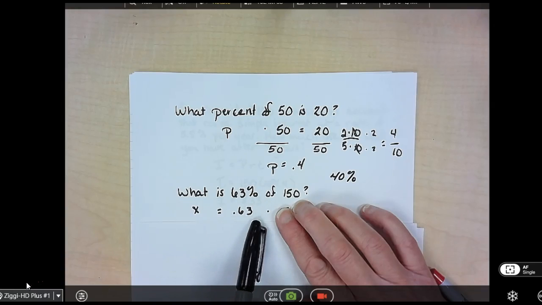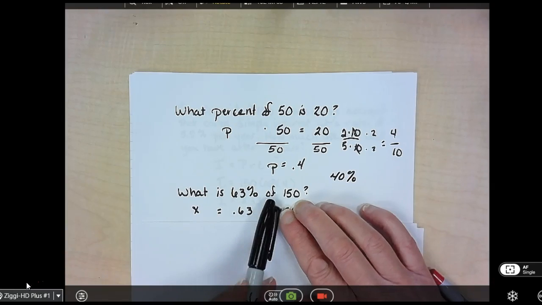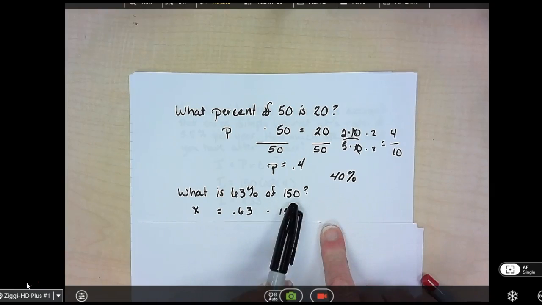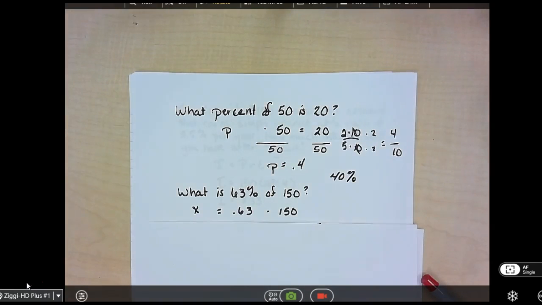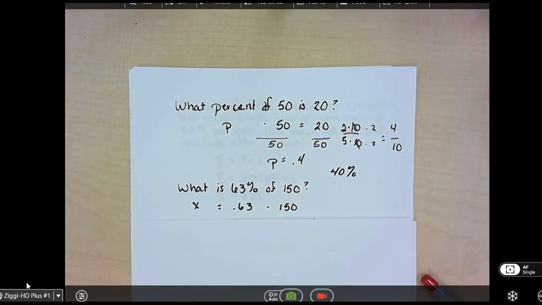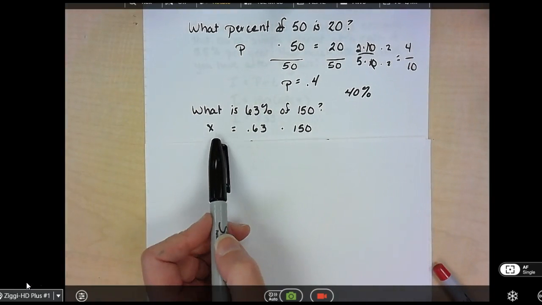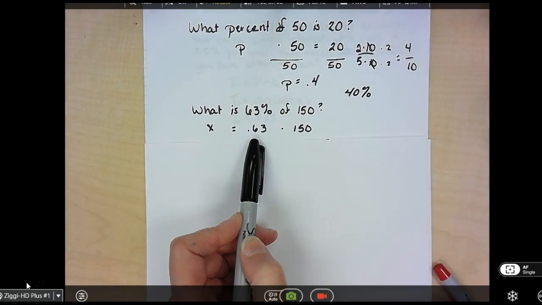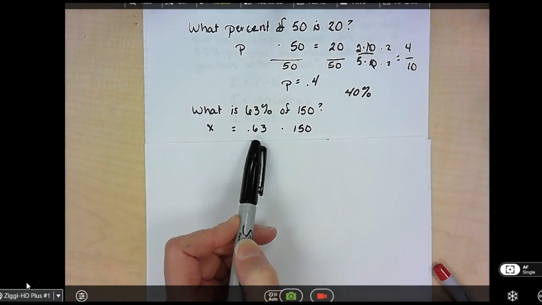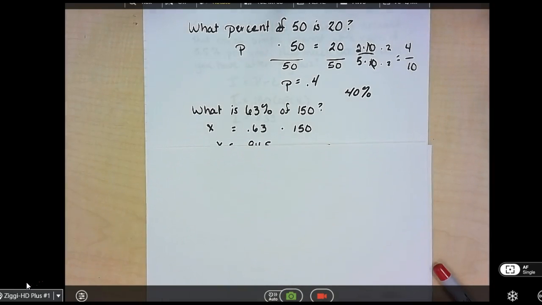So it's 63 hundredths, 0.63, of is multiplication, 150. I can set up my equation, even though it's worded differently, I don't have to think about it. I can just read it and write it. So now I have x is equal to 0.63 times 150. Put that in your calculator, multiply it, and you get 94.5.